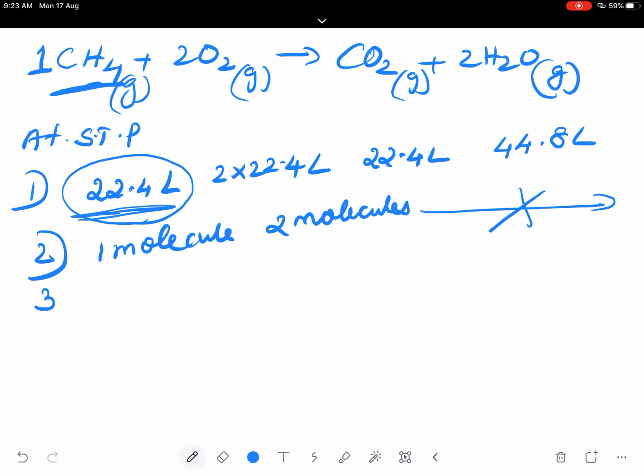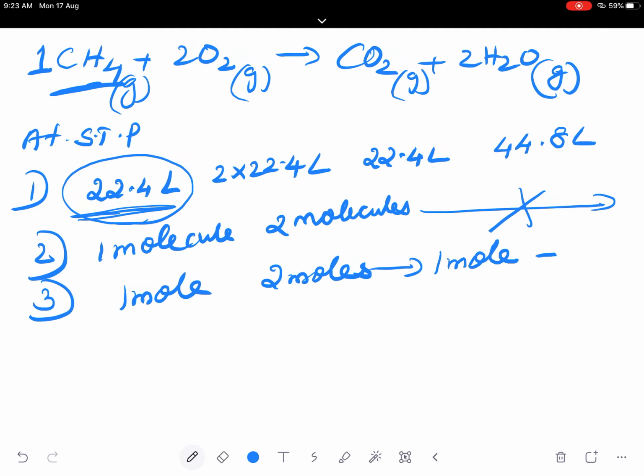Coming to the moles, 1 mole of methane, CH4, combines with 2 moles of oxygen, and we get 1 mole of carbon dioxide and 2 moles of water vapor.